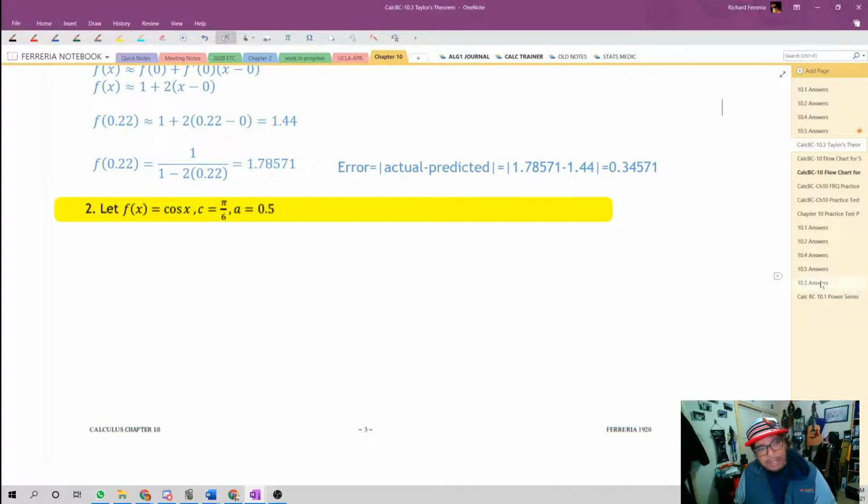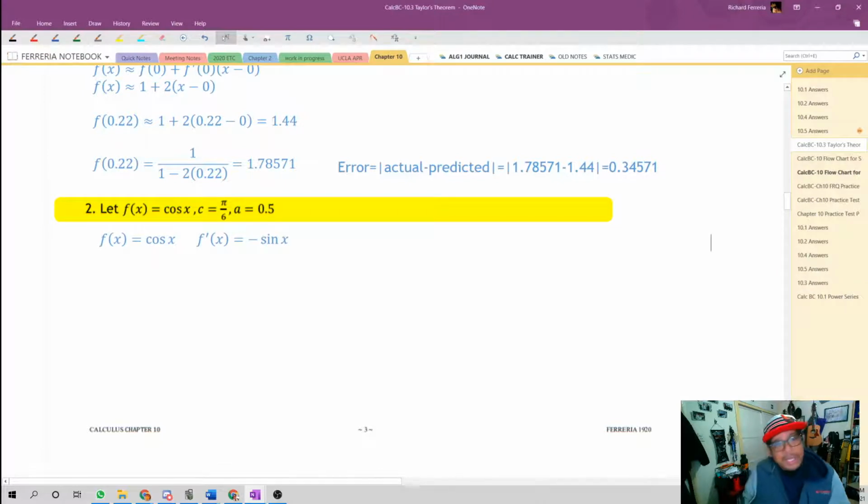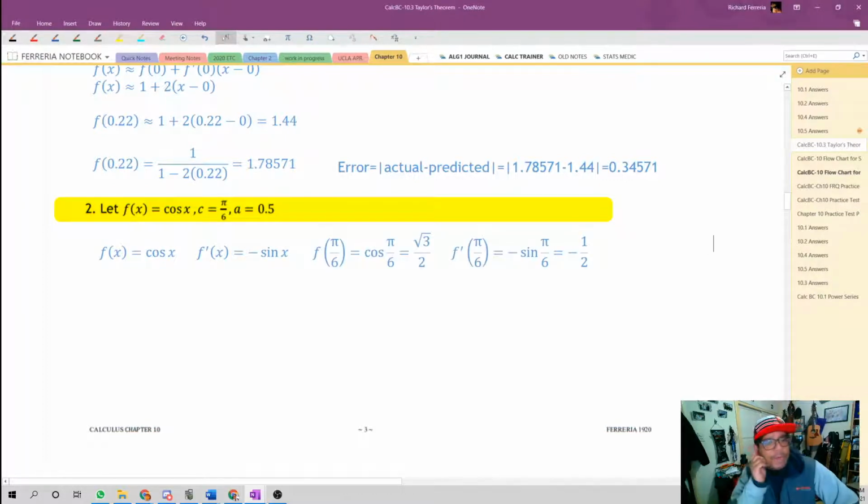I'm going to need just one derivative. So f of x is cosine x, and f prime of x is negative sine x. So f of pi over 6 is cosine of pi over 6, which is root 3 over 2. F prime of pi over 6 is negative sine of pi over 6, which is negative 1/2.